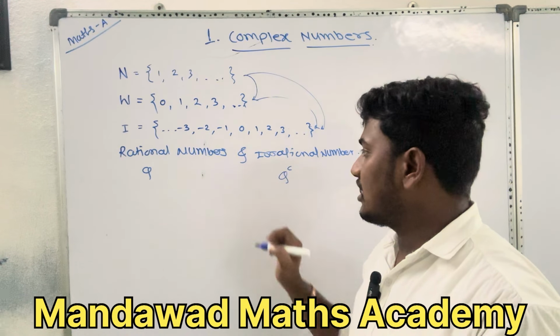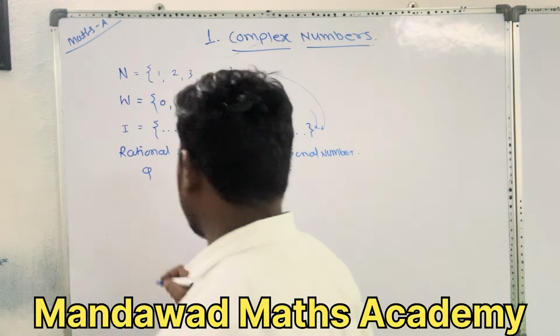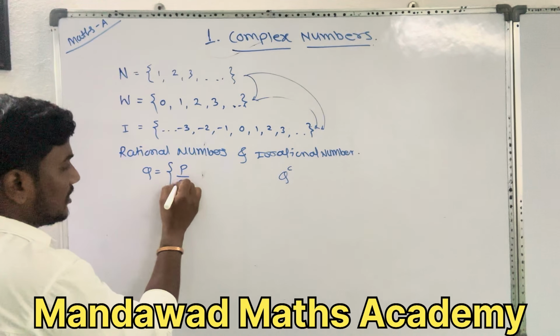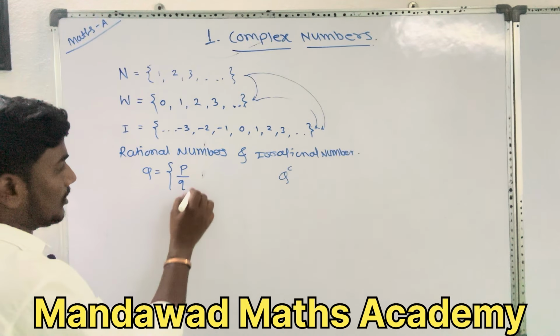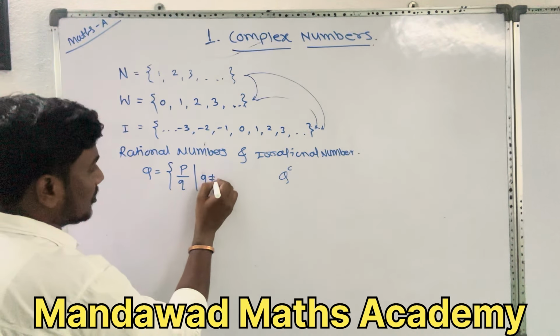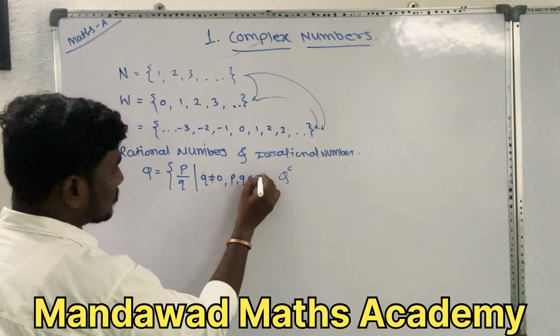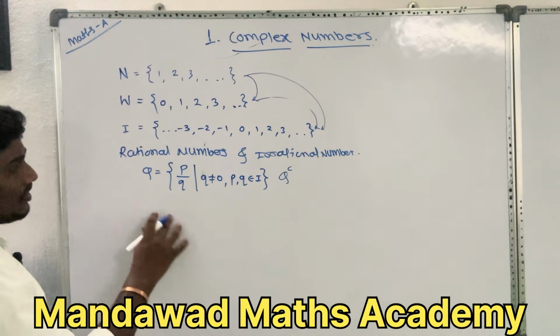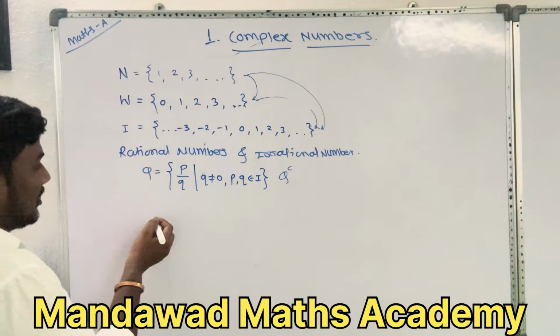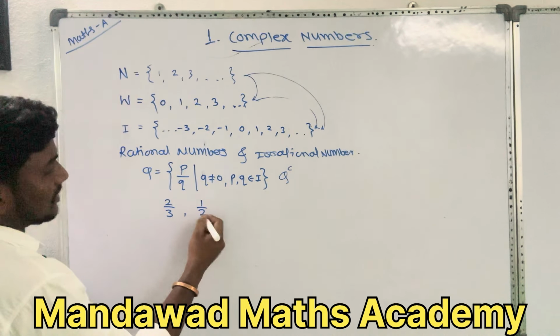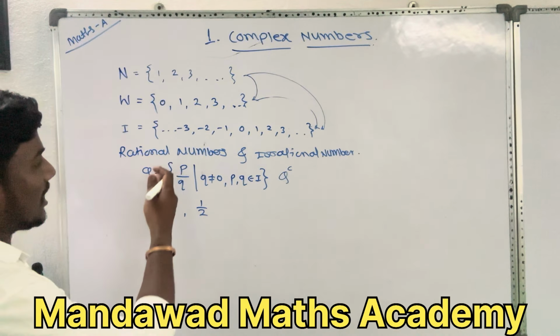Rational numbers can be written in the form p by q, where q is not equal to 0 and p, q belong to integers. This is the definition of rational numbers. For example, 2 by 3, 1 by 2. These are rational numbers.